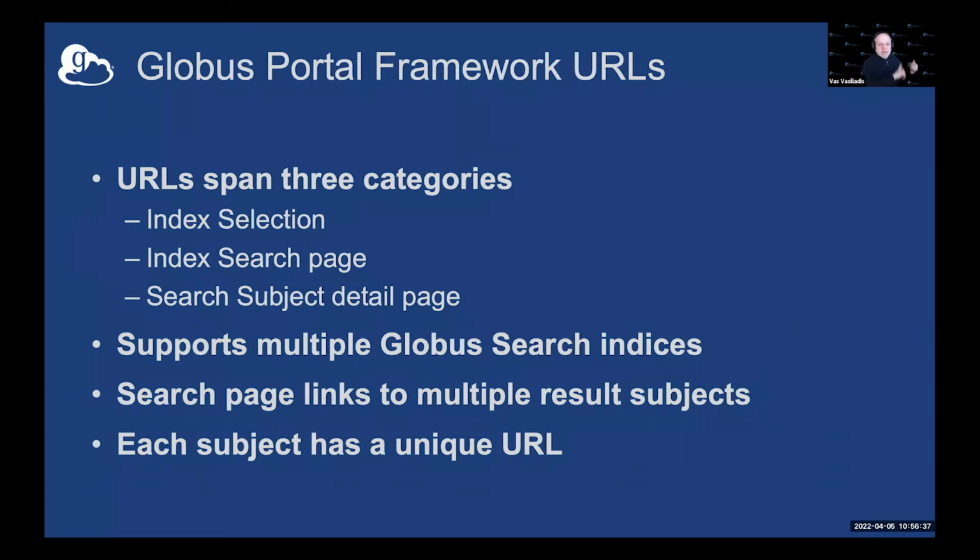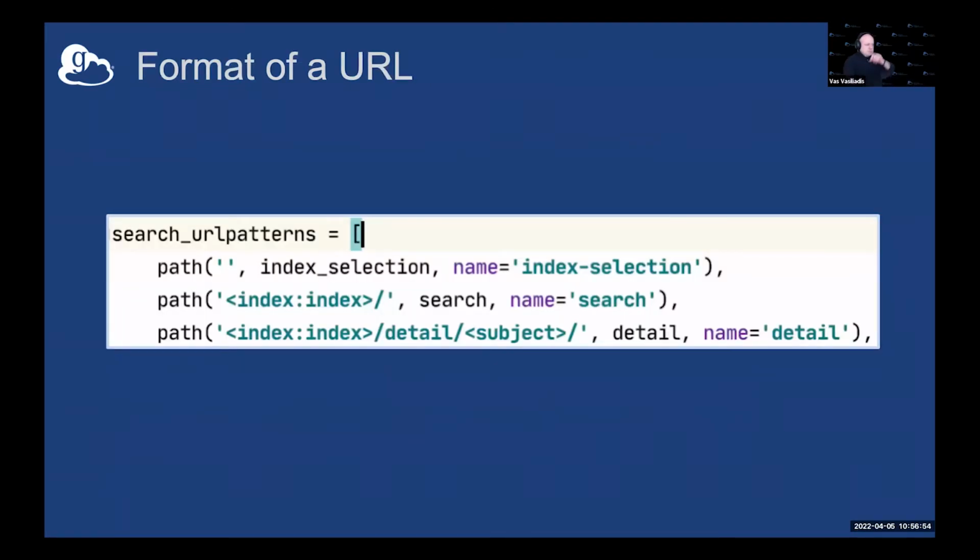You can get access to it as part of search results by multiple entries, as we call them in search. So you can create these different indexes, but that subject can only appear once in an index, but it can have multiple entries associated with it. This is how URLs look. This is standard Django stuff. If you're not familiar with it, you obviously look at the documentation.